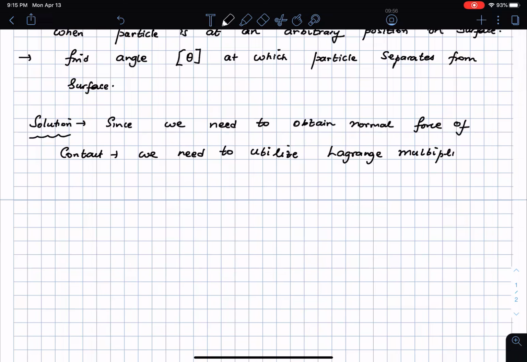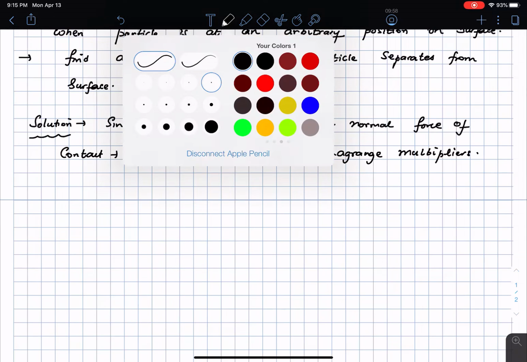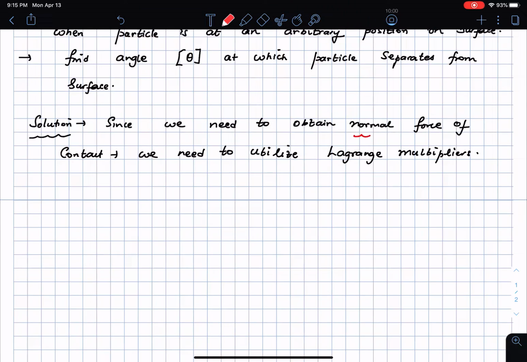That is the basic idea. Since we need the normal force, we need the Lagrange multipliers. This is because the normal force is a force of constraint, and of course we will see that this is a holonomic system by inspection. I will also solve a problem on a non-holonomic system towards the end of the semester. It's not something that I will skip doing. I will still do that.